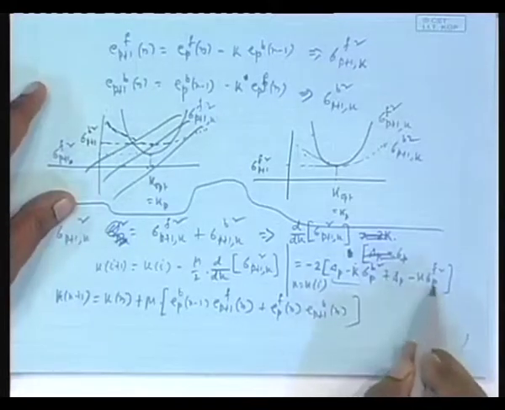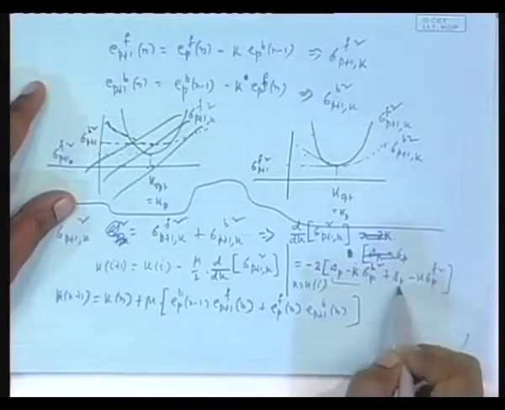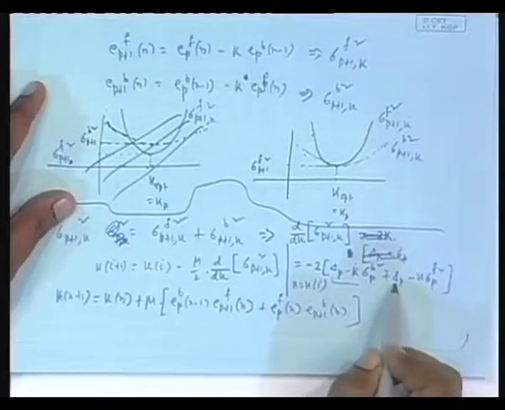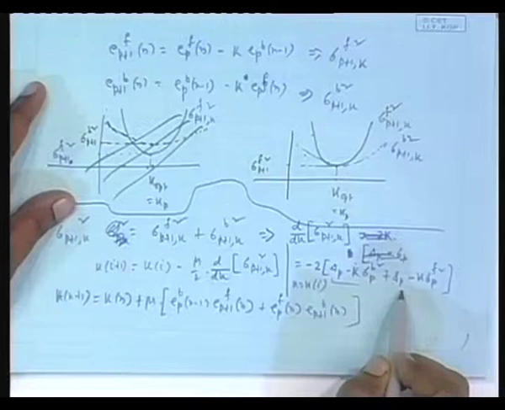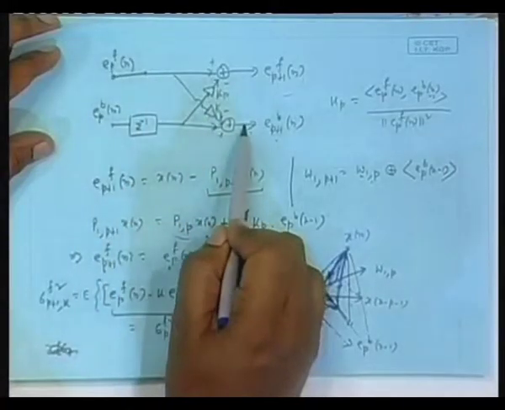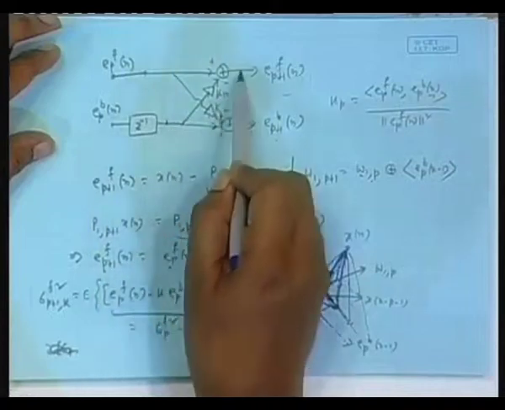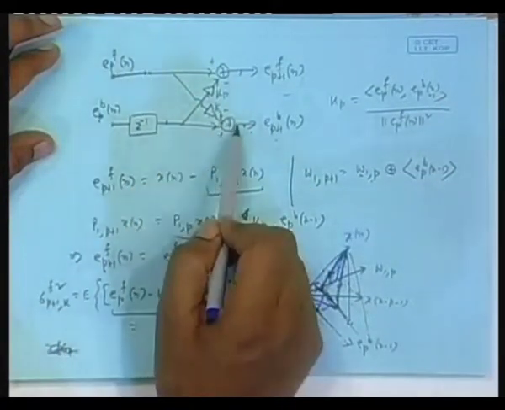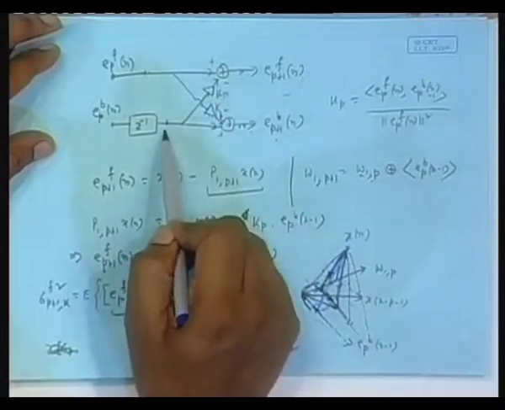Between these two, this is e p f square, this is e p f e p b. So take e p f common, then e p b n minus 1 minus k n. So this guy into this guy and this guy into this guy.